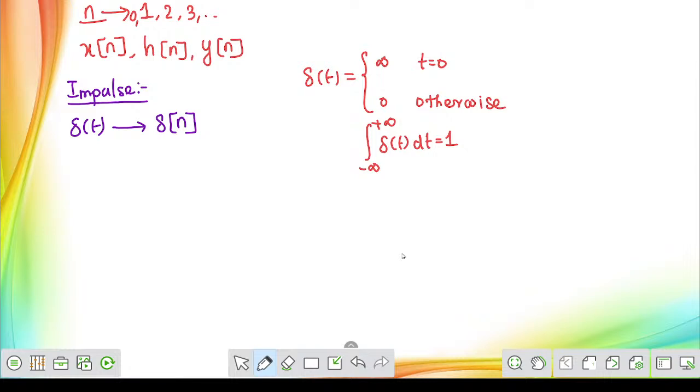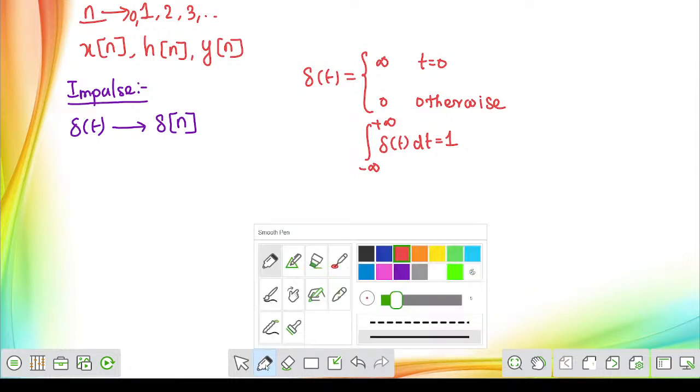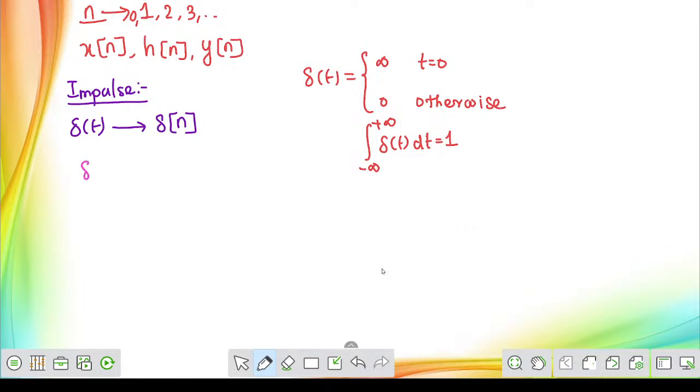In the same way, the value of the impulse function in discrete domain, del of n, is 1 when n equals 0, and 0 in all other places. That is the representation of the discrete domain impulse signal, del of n.